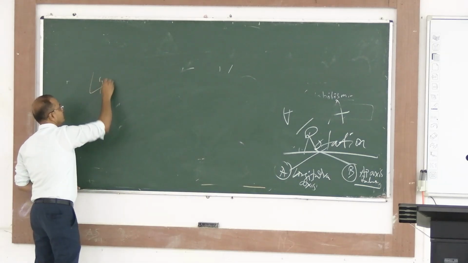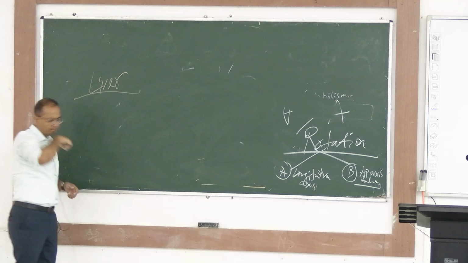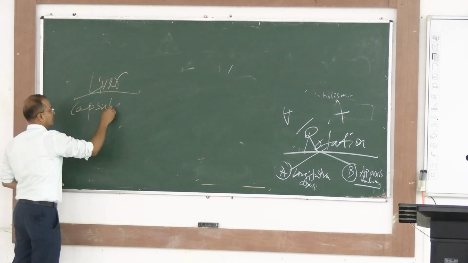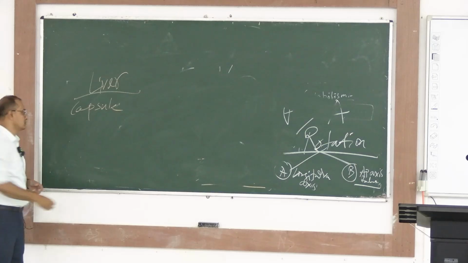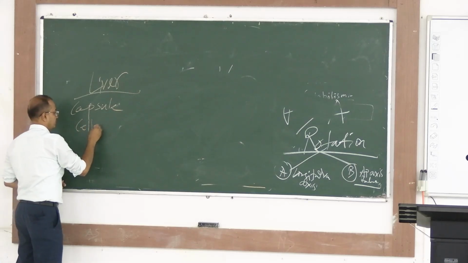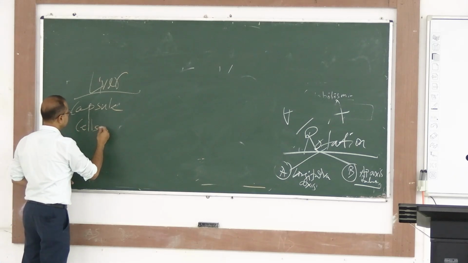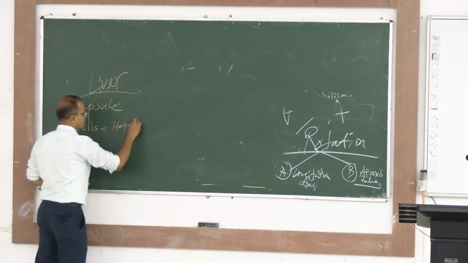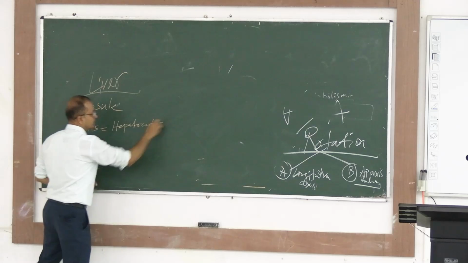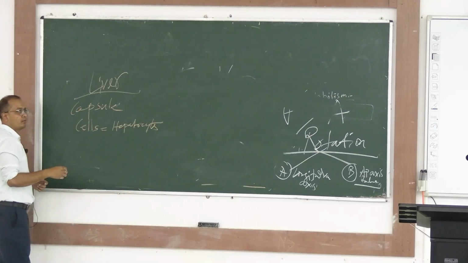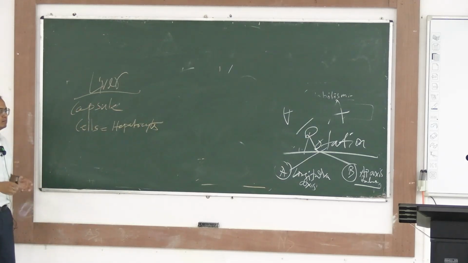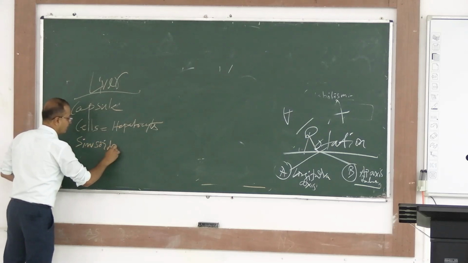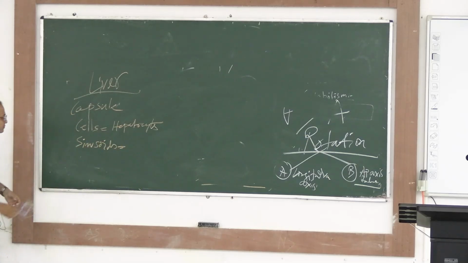So the liver has a capsule. The liver has cells, which we call hepatocytes. The liver has a system called sinusoids, which is a vascular channel system.